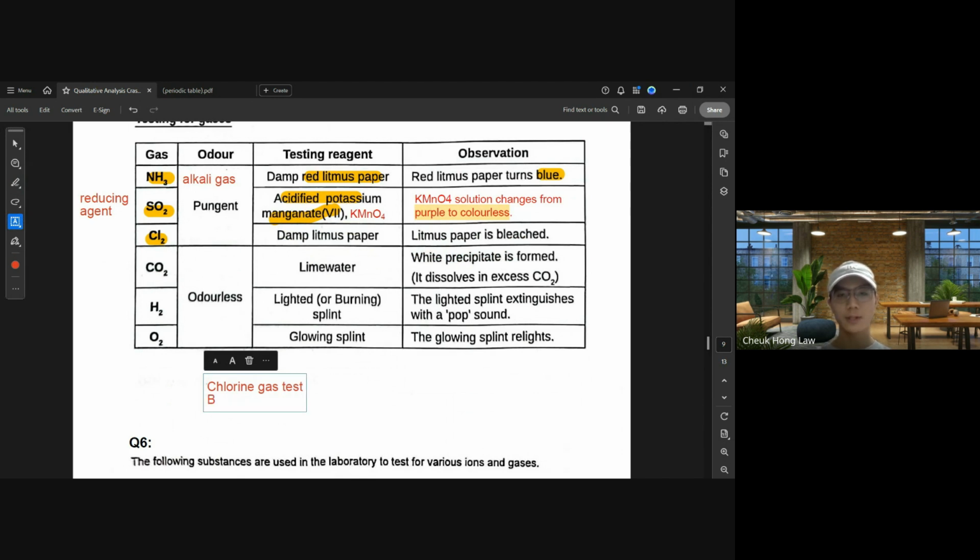Okay, if you use blue litmus paper, it will turn to red, then it will bleach. Okay. If you use red litmus paper, it will just bleach immediately. Okay, so that's the procedure. That means overall it will just bleach. The litmus paper will bleach. That's the observation.